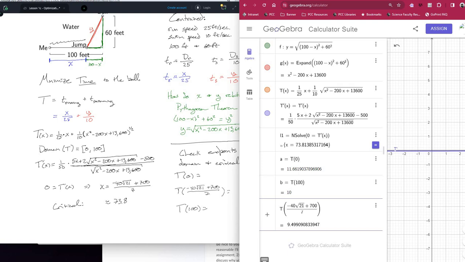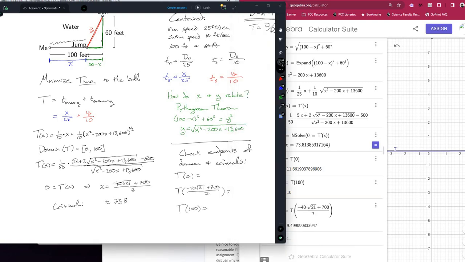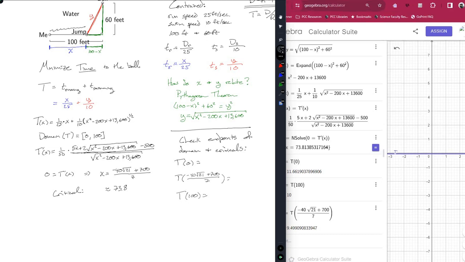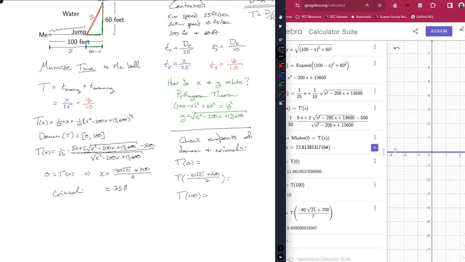Let's go ahead and copy this down. T of 0 is 11.7 seconds. T of the 73.8 is 10 seconds.